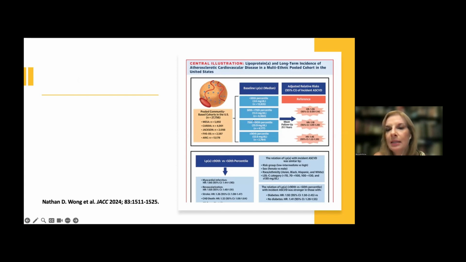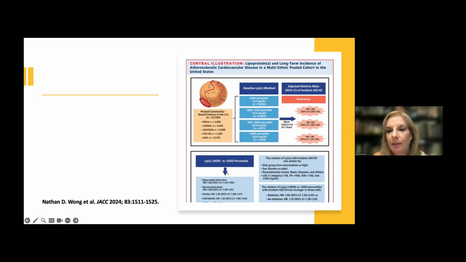This pooled analysis indicates that LPA levels over the 75th percentile bear a higher risk, and this is the threshold, which in this pooled analysis, levels of LPA more than 25 milligrams per deciliter are attributed to the higher risk.